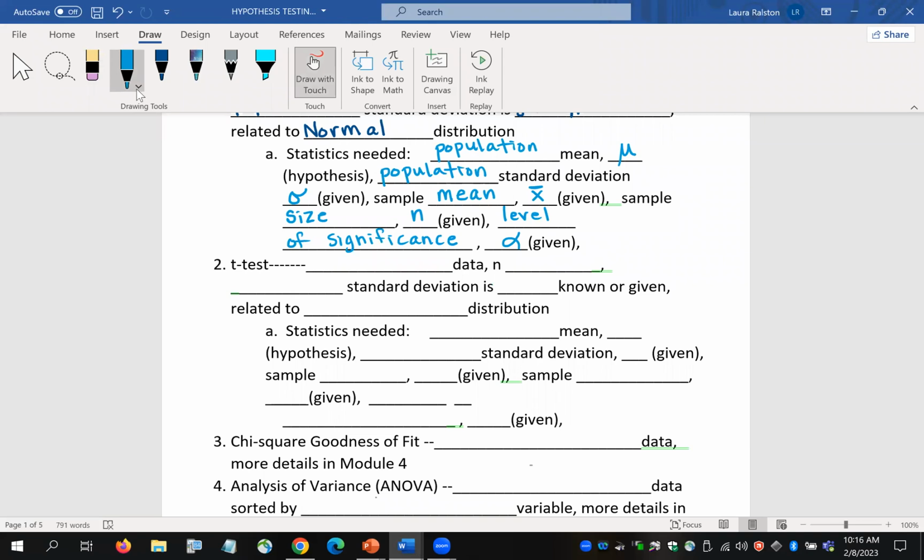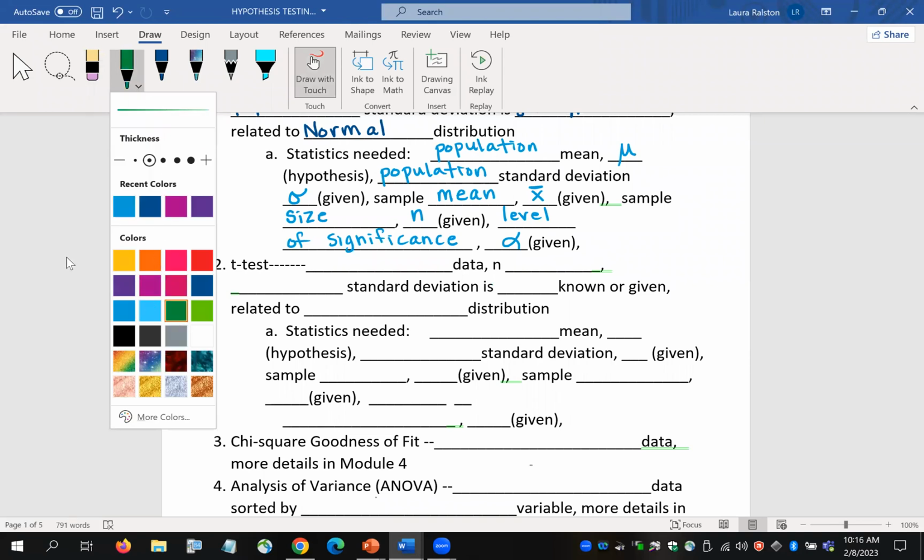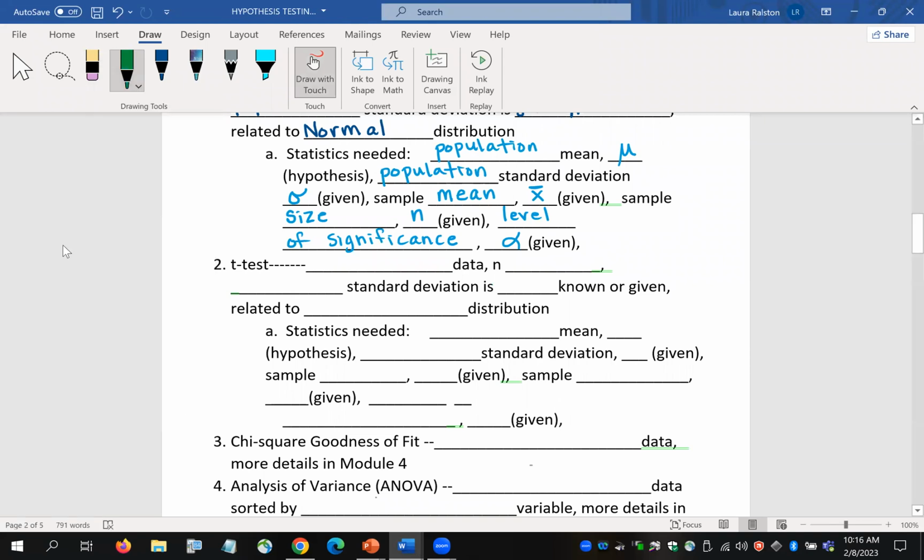Then we have the second one we're going to talk about, which is a t-test. And again, more specifically, it is a one mean t-test. Again, a one mean t-test deals with quantitative data. So you'll have numbers. Your sample size is less than 30.